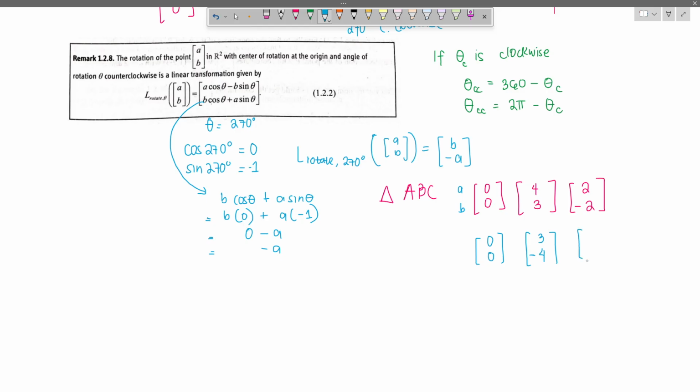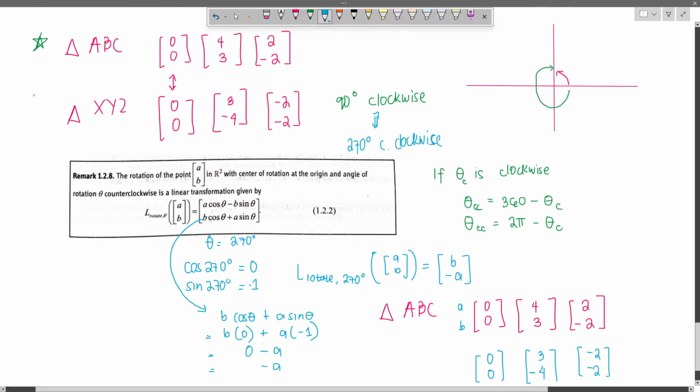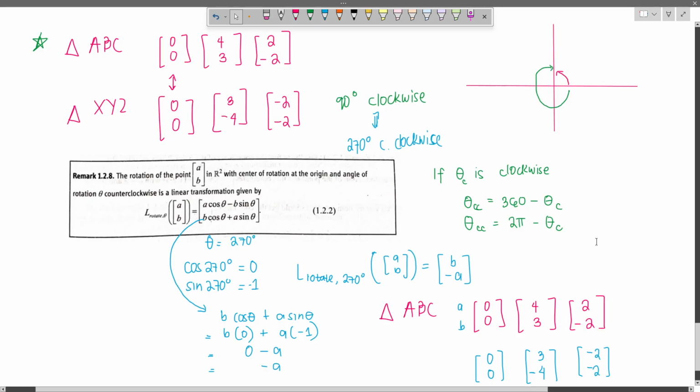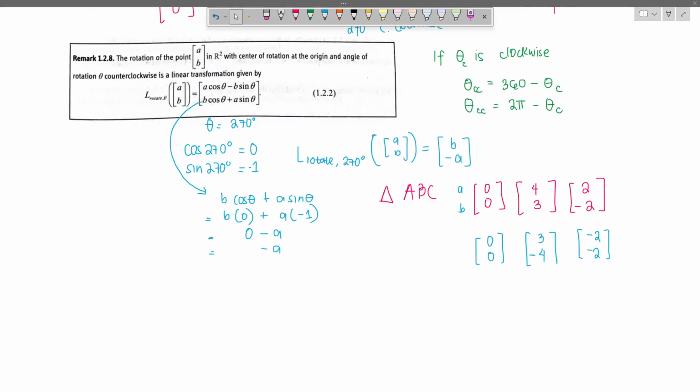And then lastly, switch again, negative 2, 2, and then you have to switch the sign. So let's see. Yes, it is the same. Okay. So that's how you solve rotation problems, knowing that the center of rotation is at the origin and the angle of rotation is given in a clockwise direction. So if you need more examples, you may refer to your book. But yeah, that's the gist that we have.